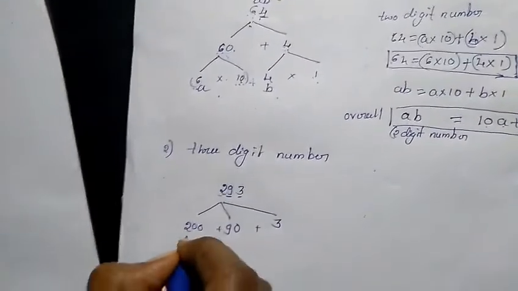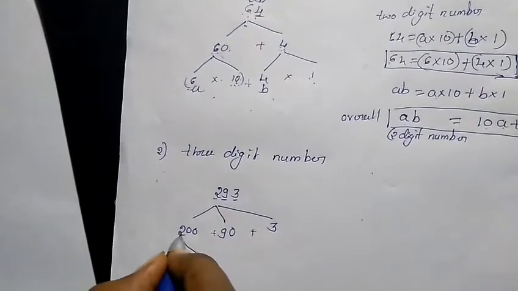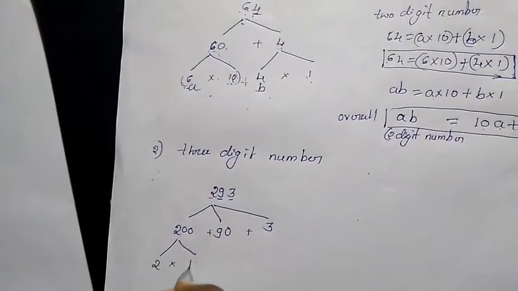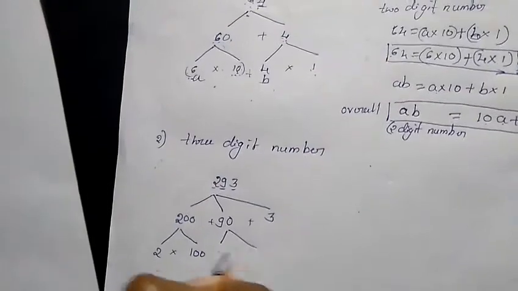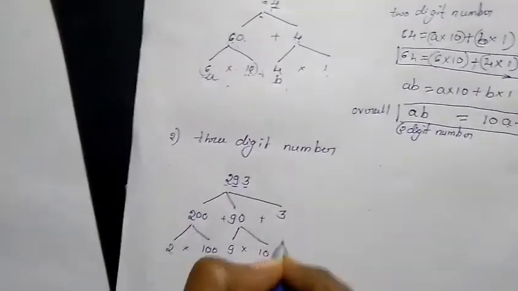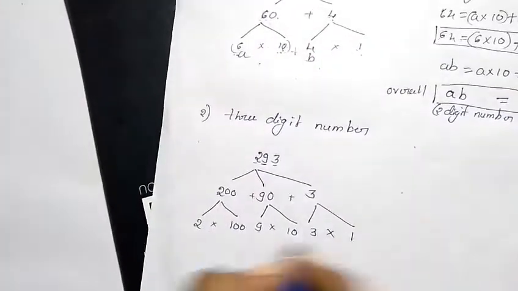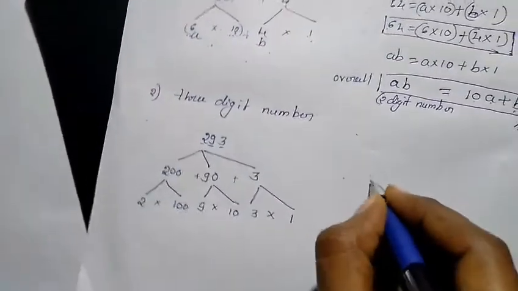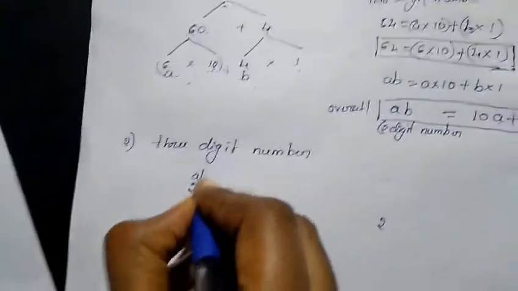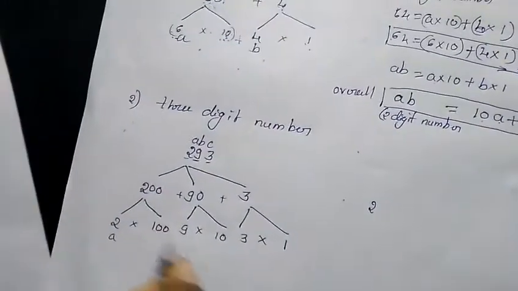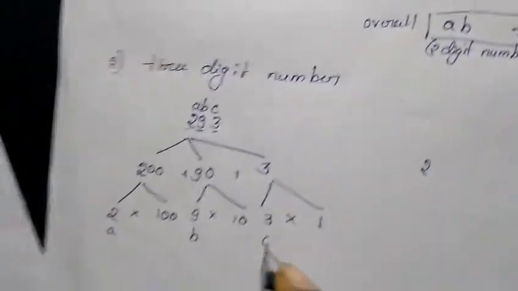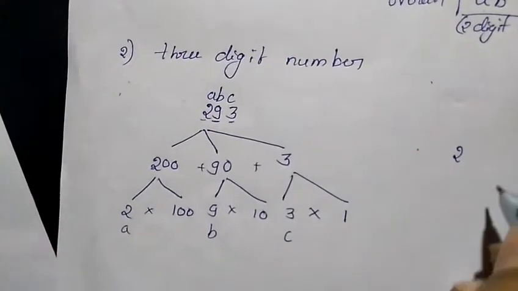After that you multiply. As I told, this is the hundreds place, 2 into 100 is 200, 9 into 10 is 90, 3 into 1 is 3. You can write this equation as, I will write here A, B, C. A into 100, B into 10, C into 1.